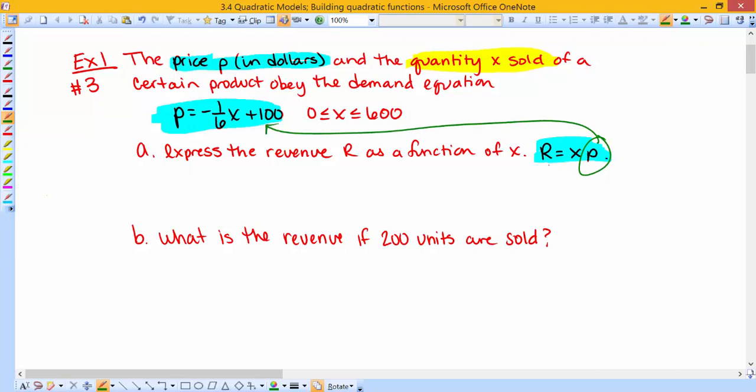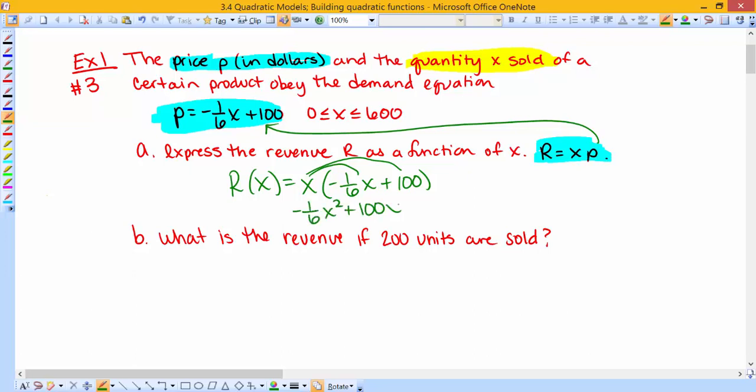Here's P. So to find R, express the revenue R as a function of X. That means R of X, and it equals X times, so I'm plugging into this, X times P, which is negative 1/6 X plus 100. Now all you have to do is distribute your X. So we get negative 1/6 X squared plus 100 X. So there's your quadratic equation for the revenue.